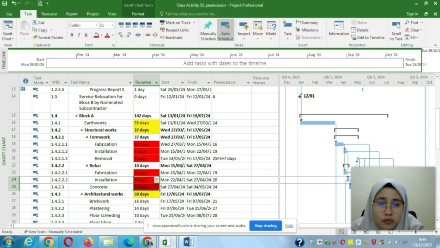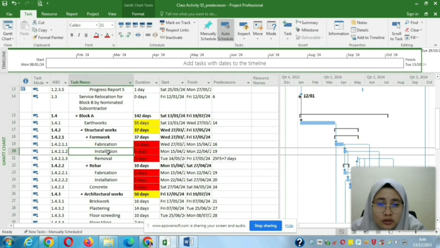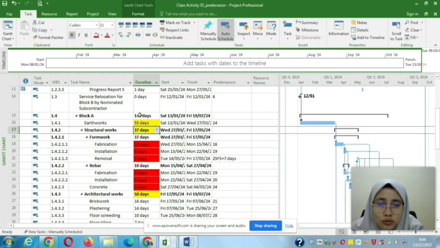For example, we have fabrication of formwork, you have to assign how many days. And then installation you assign how many days, and then removal you assign how many days. The software will calculate for you the total of structure work here, based on what you key in.